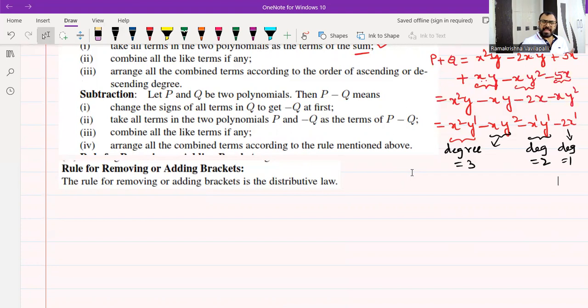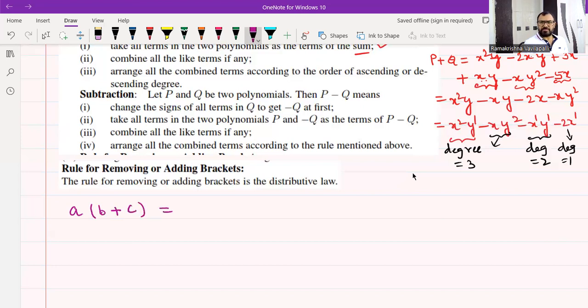Opening a bracket or adding a bracket is nothing but the distributive law. What is meant by distributive law? Very simple. Suppose you consider a into, in place of that multiplication, I will write bracket b plus c.